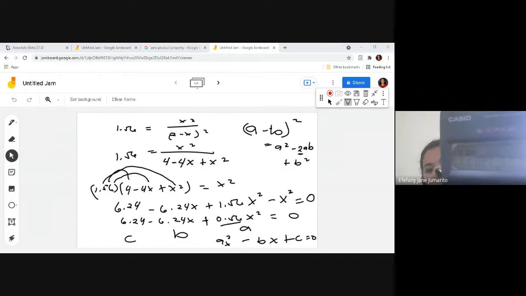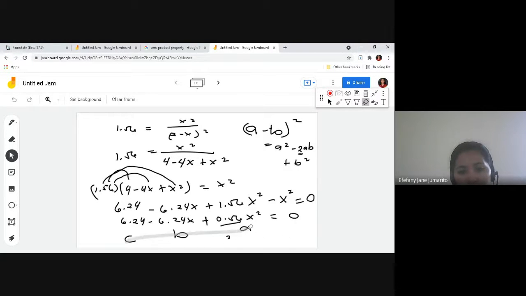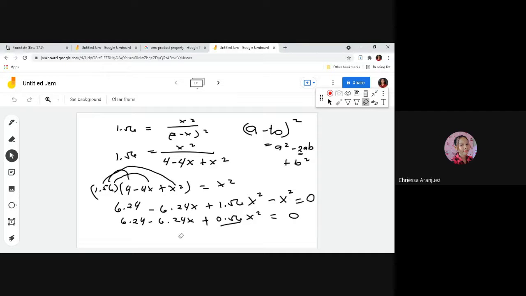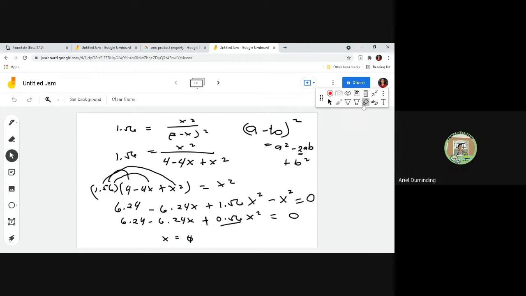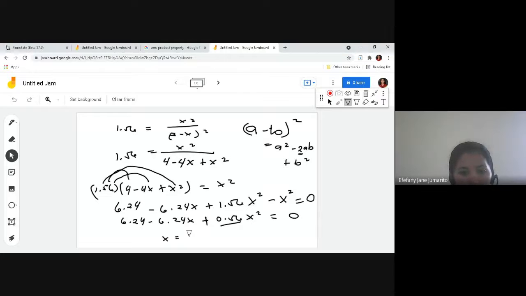So 1.11. Okay, did anyone calculate the same as me? Your value of x here will be x equal to 1.11. Did you calculate, Ariel?